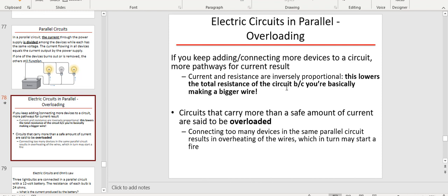So basically you're making a bigger wire, and if you're making a bigger wire, you're lowering the resistance. You remember earlier in the PowerPoint, the smaller the wire, the bigger the resistance. The bigger the wire, the smaller the resistance.